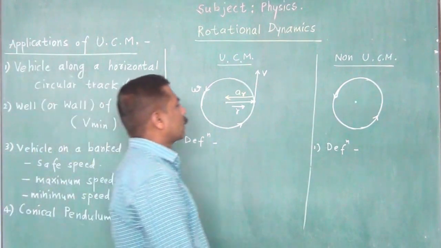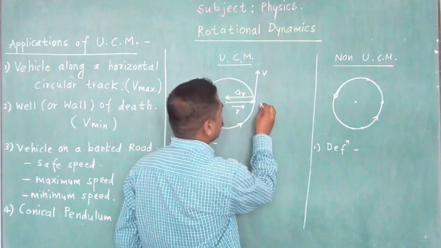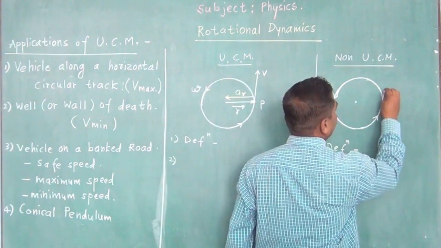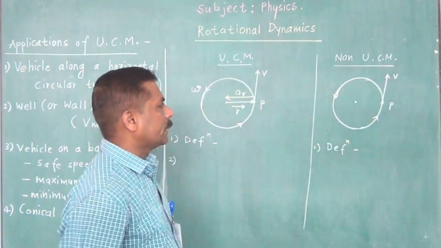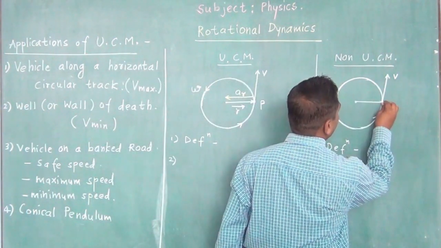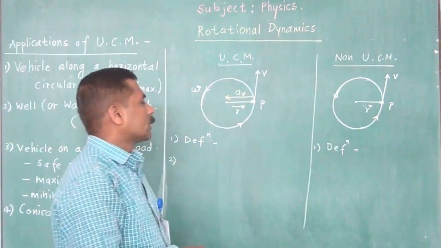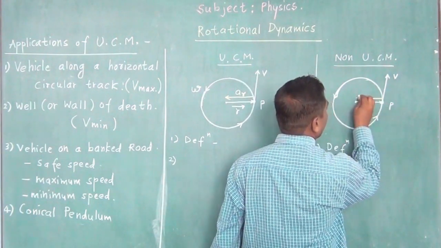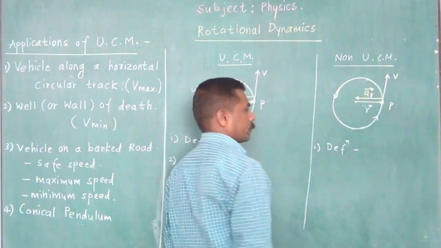Similarly, in this diagram, this is the position of the particle P, this is the direction of the tangential velocity, and this is the position vector. Here also the particle is moving in a circular fashion, so you can observe the radial acceleration is there.